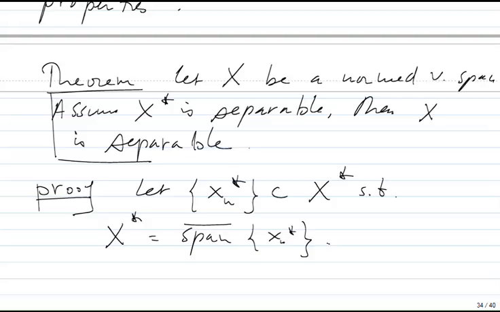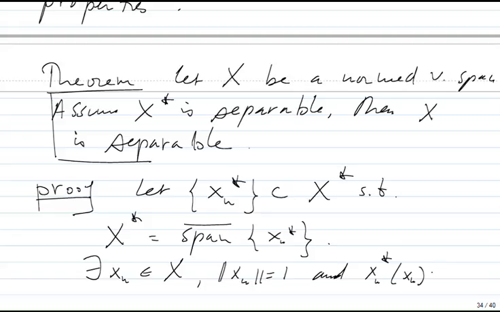There exists xn in x, norm of xn equal 1, and xn star of xn greater than the norm of xn star over 2.